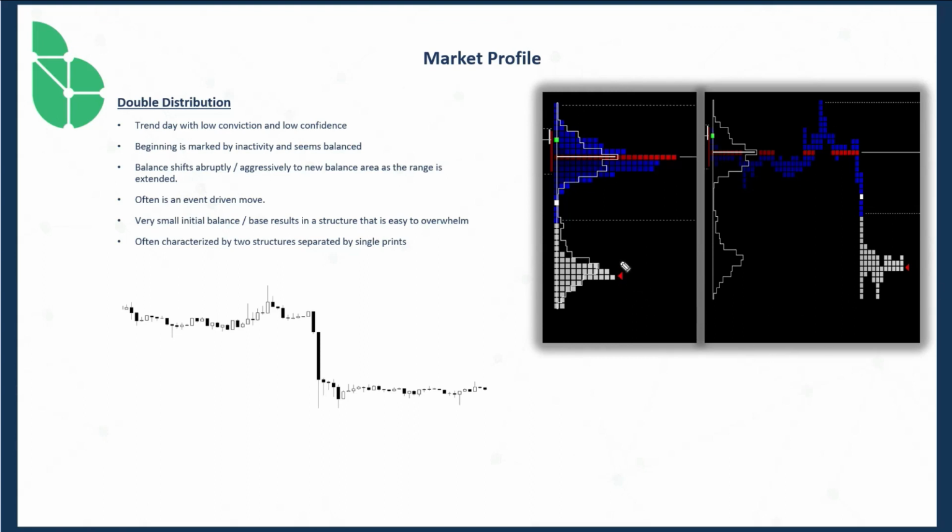So again, opening, say we open here and we come down here, test this area again, and you're starting to see that behavior that we talked about in the previous slides within the next day structure, okay, with relation to this double distribution prior day. And in this case, trigger is going to be the break of the high, all right, or that aggressive buying towards the high, and you're going to be looking to capture this meat.